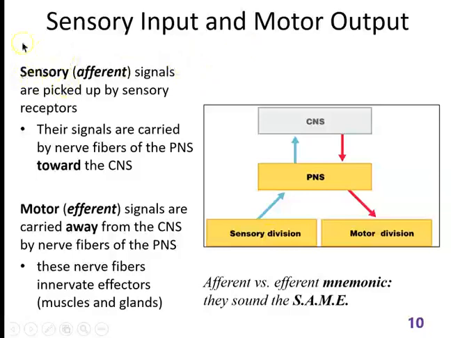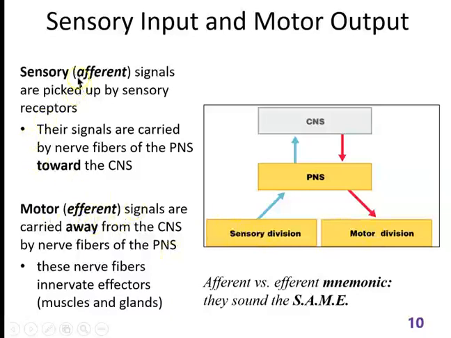So for example, sensory is often called afferent. Those kind of are synonyms for each other, and you have to be able to use both of them. Motor signals are efferent, and those are synonyms for each other. So the motor is the efferent division, sensory is the afferent division.